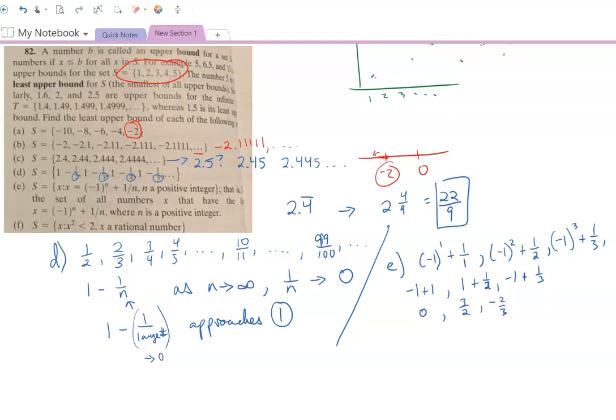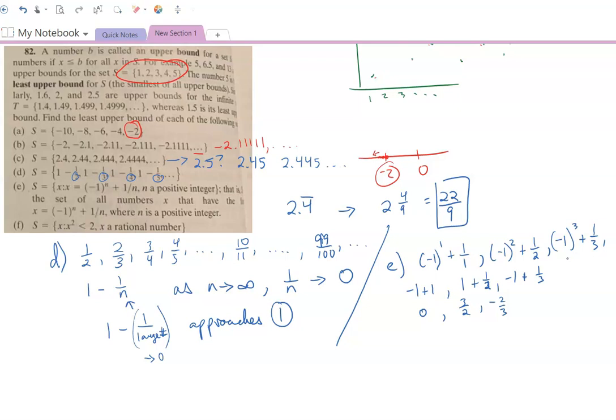All right, at this point, we can see a pattern here. The negative 1 to the nth is going to be flip-flopping back and forth between positive and negative 1, okay? Anytime n is an odd number, the first part is going to be a negative 1, meaning we have a smaller number. Since we only care about a least upper bound, I'm going to ignore all of those.